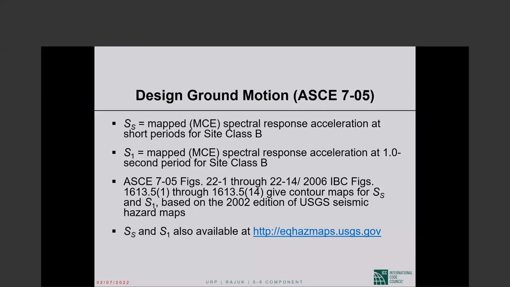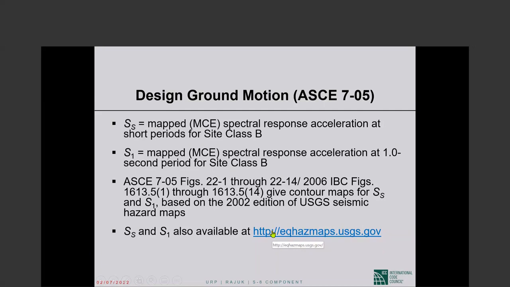Those quantities are given on maps that are part of ASCE 7-05. But if you are doing design in the US, you would go to the US Geological Survey website and find significantly more accurate values than are obtainable from paper maps. Now, this is kind of the old days. Today, we have a so-called hazard tool issued by ASCE that gives us the design quantities.